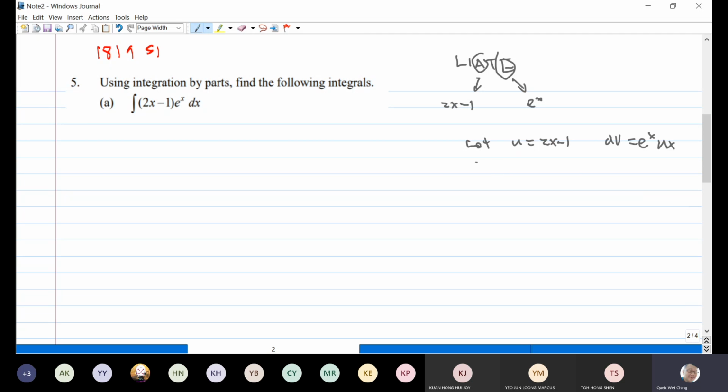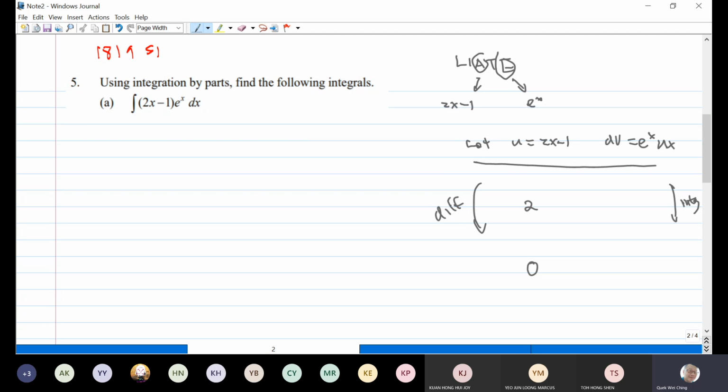Then for u you differentiate, so differentiate first. For v you integrate. So differentiate 2x minus 1, you get 2. Differentiate 2, you get 0.